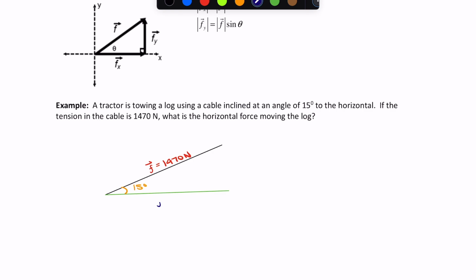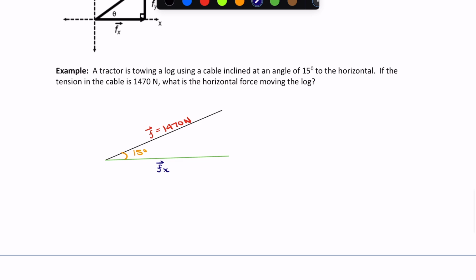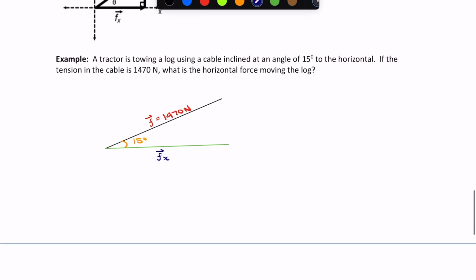So here, our horizontal force, the vector Fx. Again, the magnitude of the vector Fx is equal to the magnitude of force times cos theta.